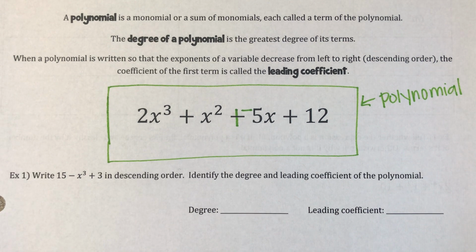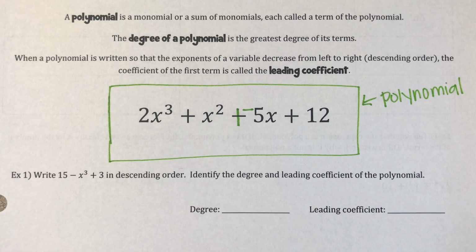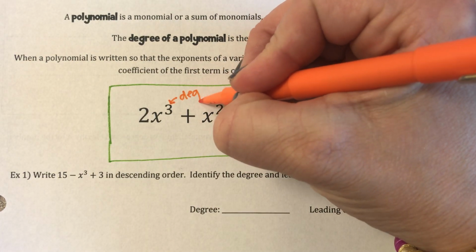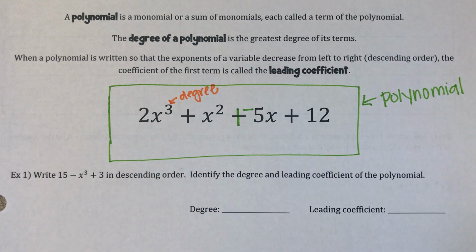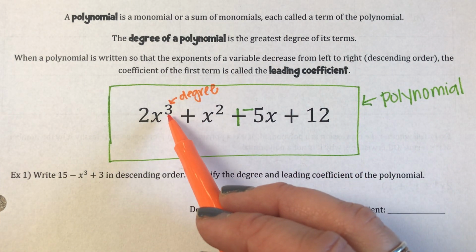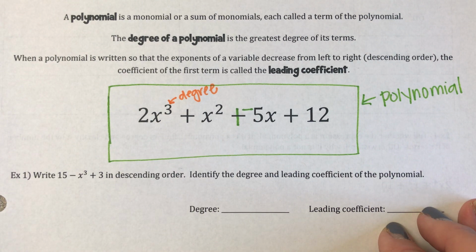So now we have to talk about a couple different things. First, what are the degrees of each of the terms? Well, this would be the degree, right? Is this the biggest exponent? Yes, so the degree of my polynomial is 3, because this is my biggest exponent.